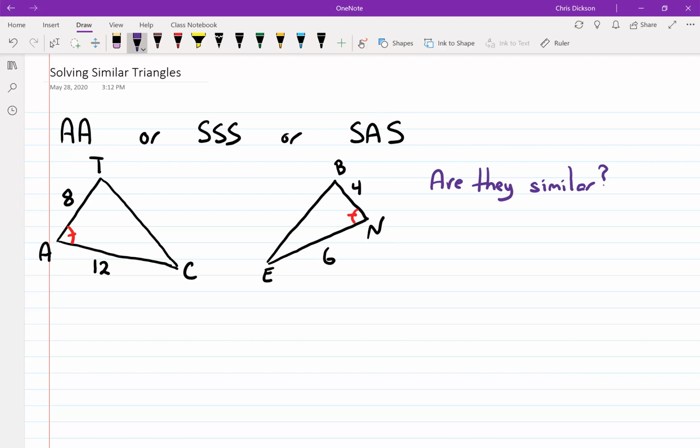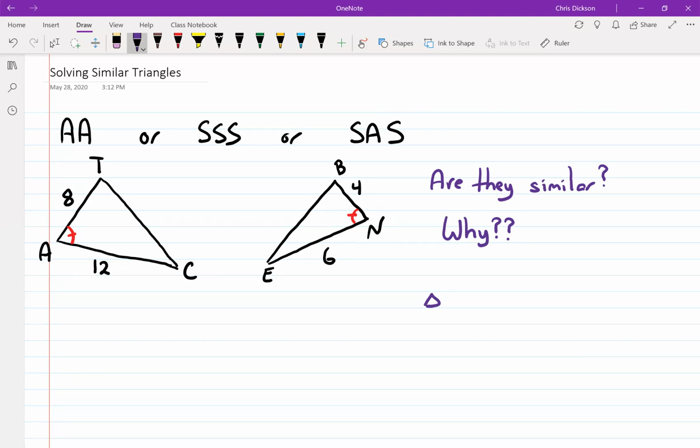Like many questions that are yes and no questions, you could just say yes or no. But you kind of want to say why. So we're really looking at why are they similar, or why are they not similar? So we want to answer that question first. And then if they are similar, then we'd want to write a statement that would relate the triangles to each other.